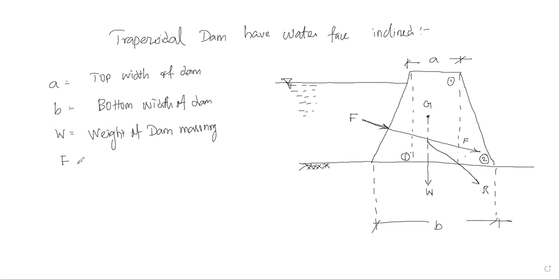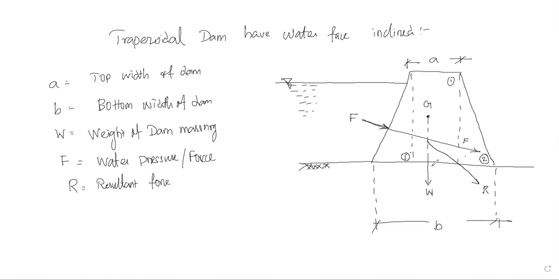F is equal to water pressure or force exerted by the water. R is equal to resultant force.